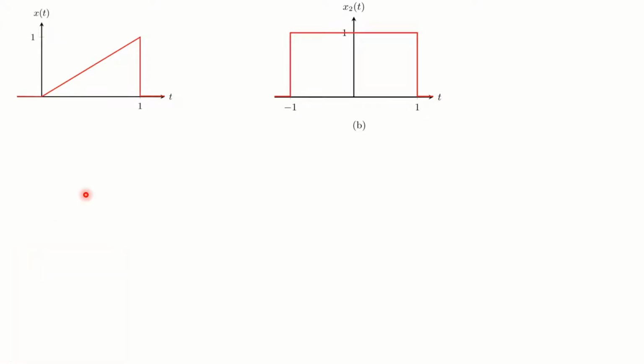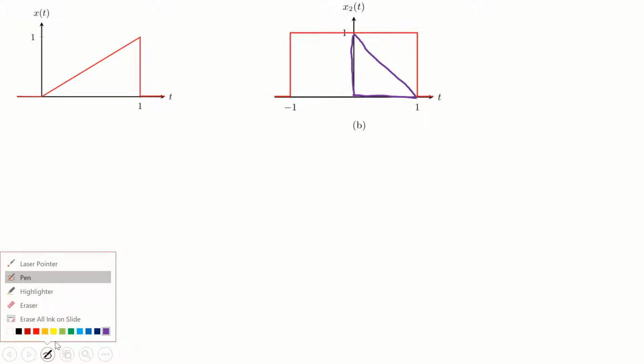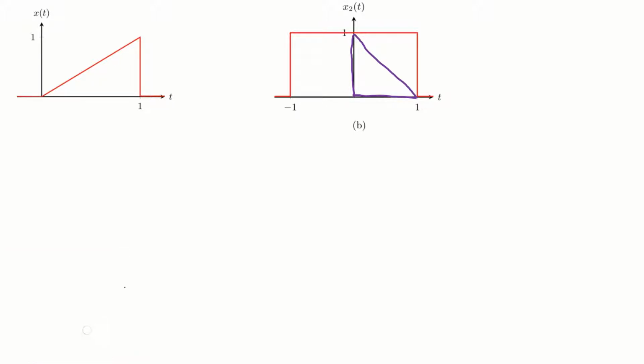Here we have x2t in part B, and we want to make this signal from xt. Well, if we look at this signal, we see that we already found this value of the signal, this part of the signal, and also, in a different color, this part of the signal as well.